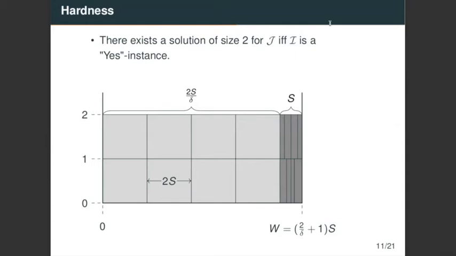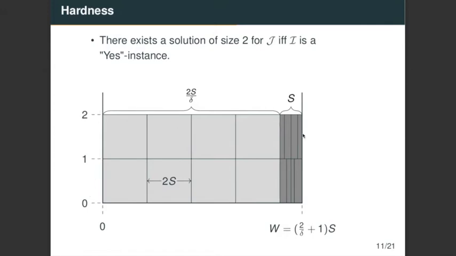Now assume that I is a yes instance for the partition problem. Now we can partition the set of main items into two subsets, S1 and S2, such that the total width of the items in each subset is exactly s. Now consider the sub-area of the strip formed by limiting the heights from 0 to 1. So this rectangle here is the sub-area that we are discussing. We call this the bottom shelf. Also consider the sub-area formed by limiting the height of the strip from 1 to 2.